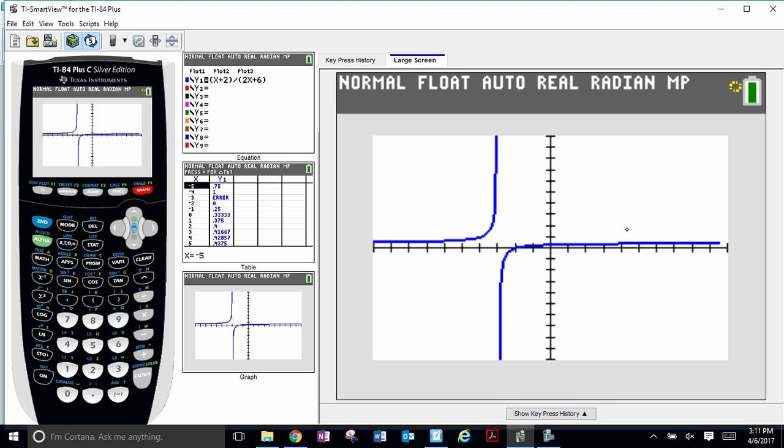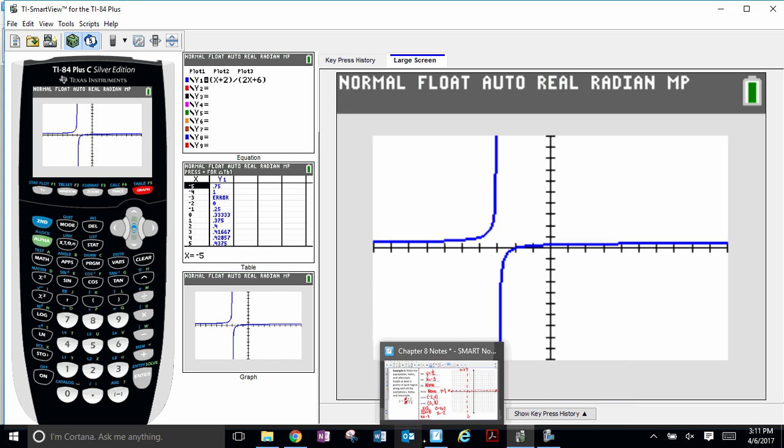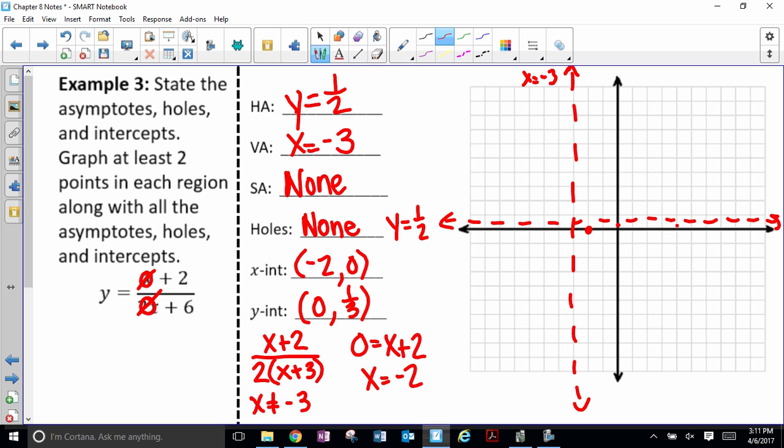You can kind of see where it's leveling off at that 1/2 and at -3. So plot those in there. And that's your answer. Looks good.